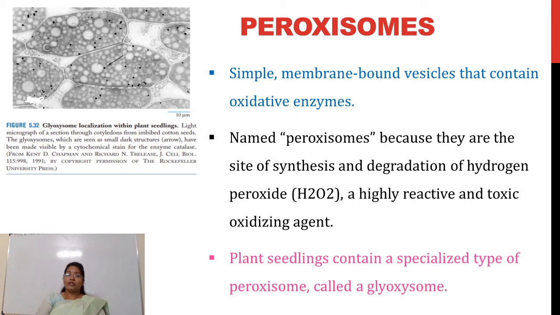One of the important structures is the peroxisome. Peroxisomes are simple membrane bound vesicles containing oxidative enzymes. In this figure there are glyoxysomes. When peroxisomes are present in plants, for example plant seedlings, they are a specialized type called glyoxysomes.